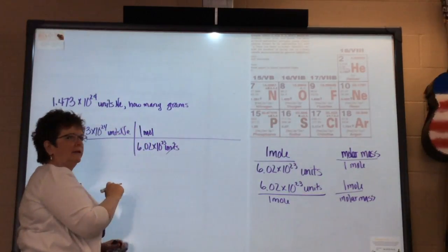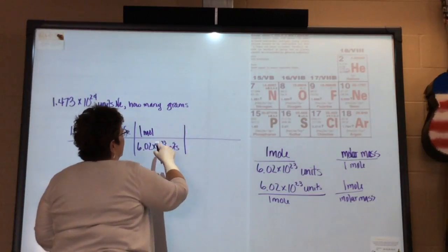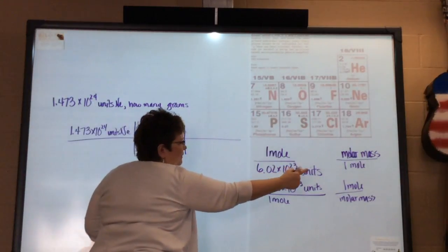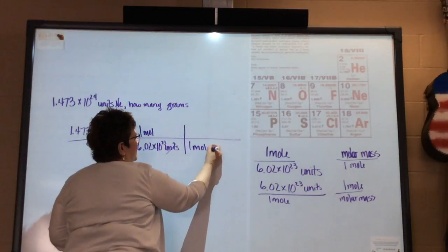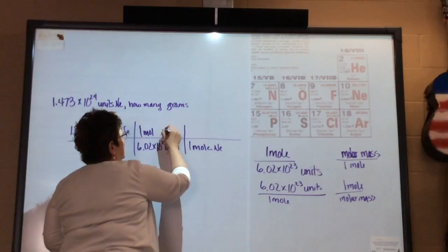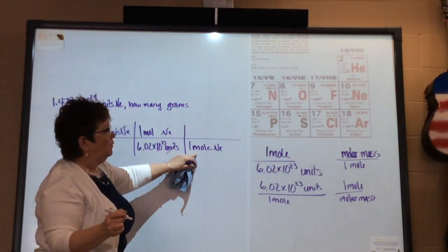But is that what I want my final answer to be? No, my final answer must be in grams. So from that, if I have moles up here, I'm going to go to that factor conversion and put 1 mole here of neon. And I'm going to say, okay, what does 1 mole of neon have a mass of?